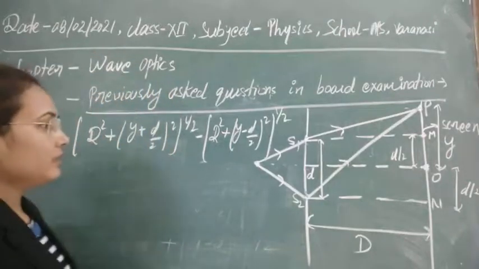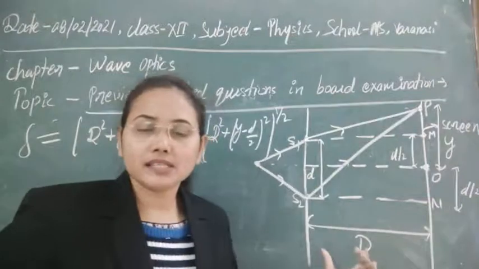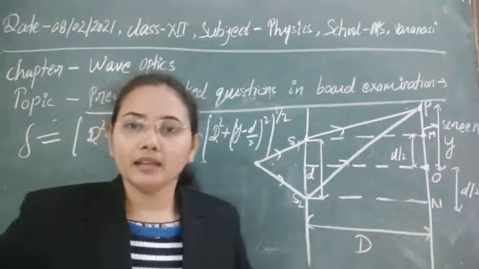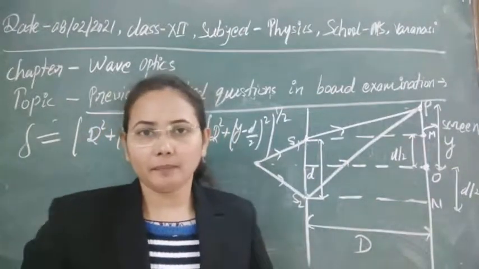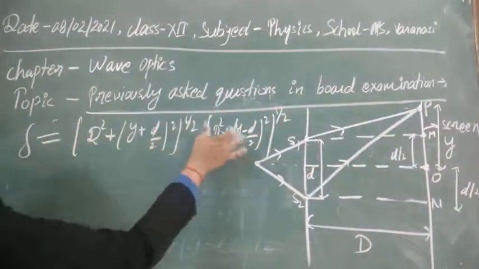Now as this distance d is much less than this distance capital D, we can apply the first order binomial expansion, or approximation you can say.